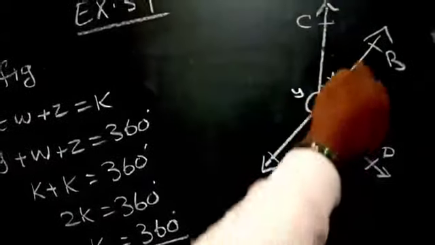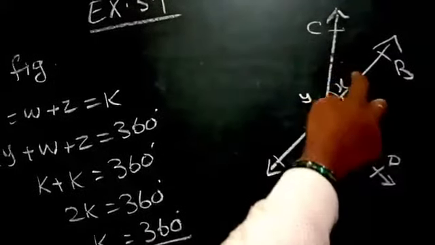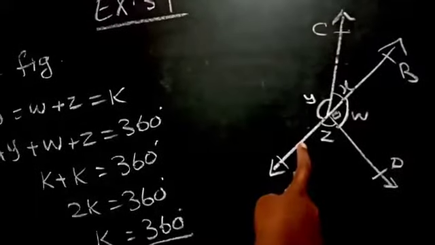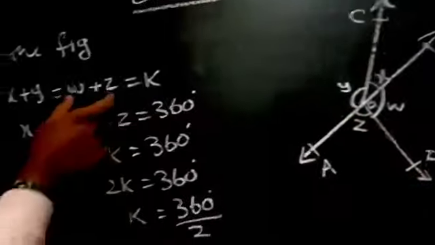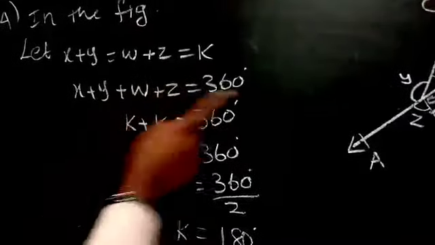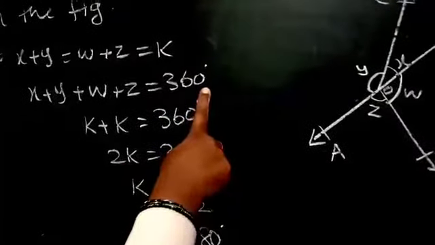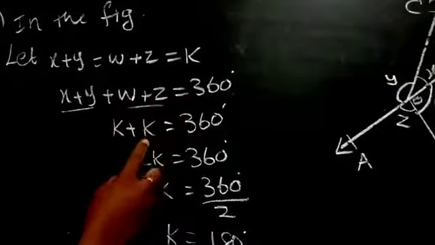When we have a straight line, this angle or this angle we have to prove is 180 degrees. So we will keep this plus this angle equal to K. So when we add everything, we have to get 360 degrees. Then this angle also is K and this angle also K.